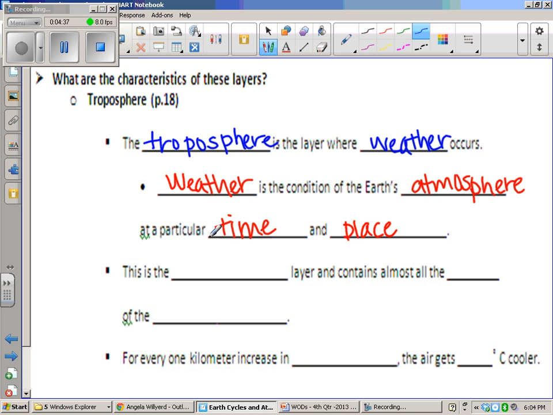Okay, so this is the shallowest layer. And it contains almost all of the mass of the atmosphere. So that means it contains a lot of water vapor and particles that we talked about that were included in the atmosphere.